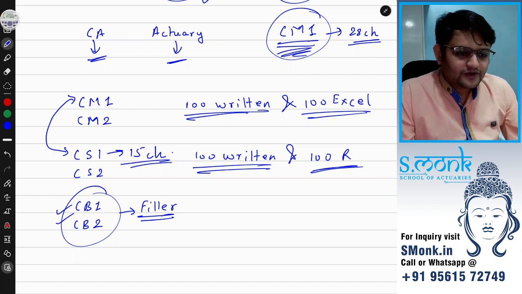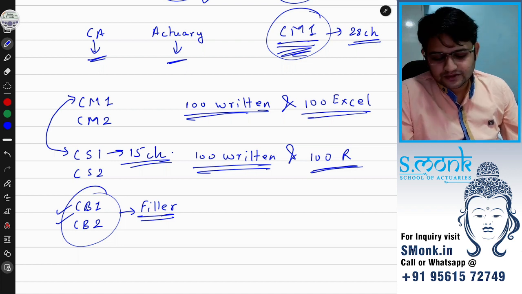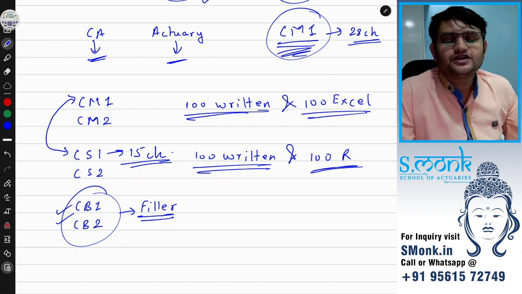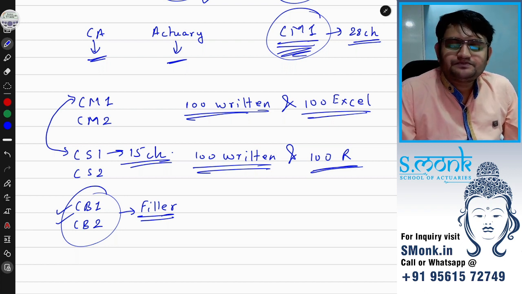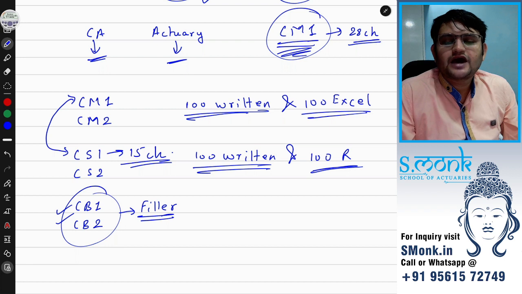What is the difference between actuarial science and BSc in actuarial science? Okay, so in India, there is no college that provides you a BSc or MSc in actuarial science that will get you a job. That is the hard reality. The courses are not recognized by the companies.